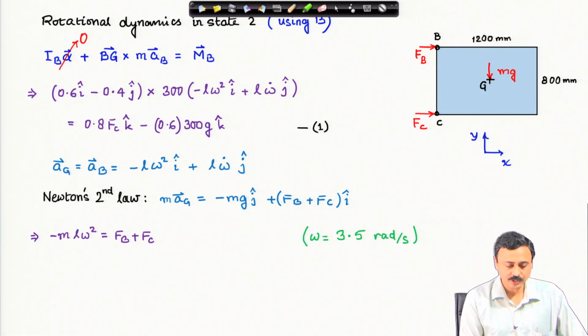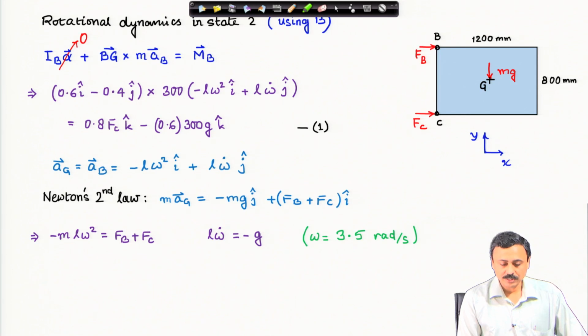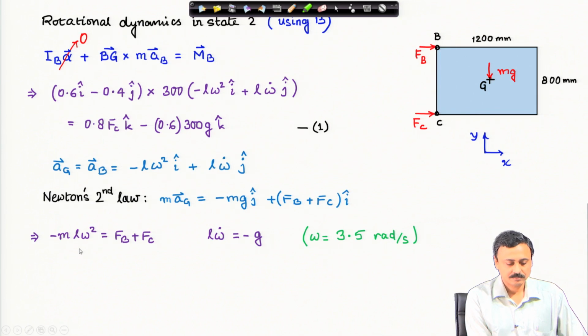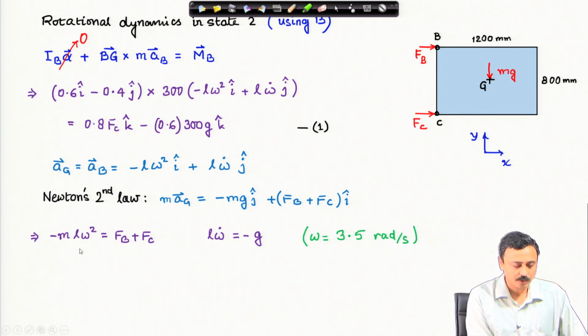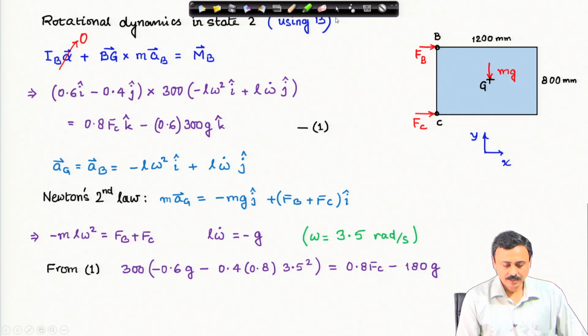This is the I cap equation, and the J cap equation gives me L omega dot is equals to minus G. Now, I have omega dot from here, and omega is already known from our previous calculation. Therefore, I know the left hand side of the first equation as well, I cap equation. If I now substitute in equation 1, which is the angular momentum equation, I can solve for F c.